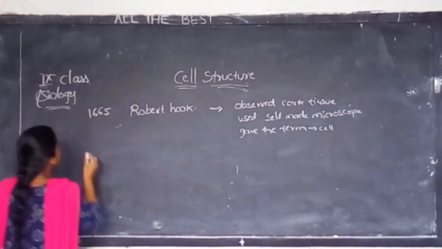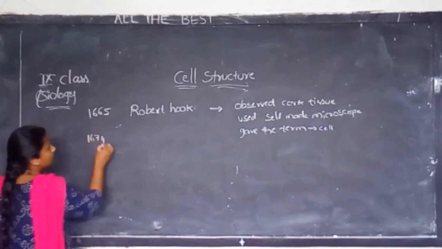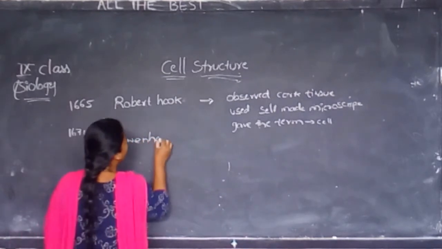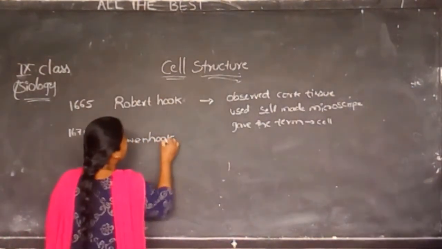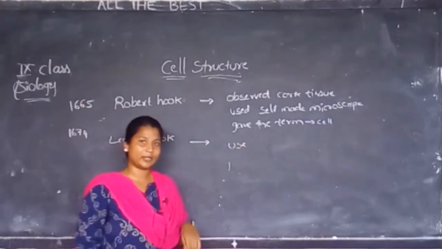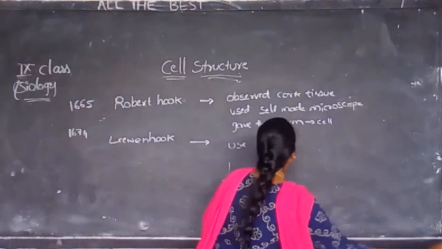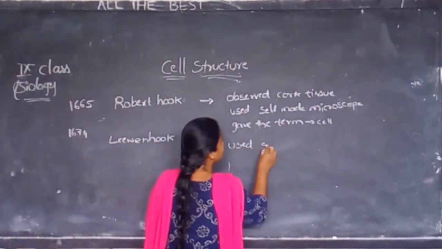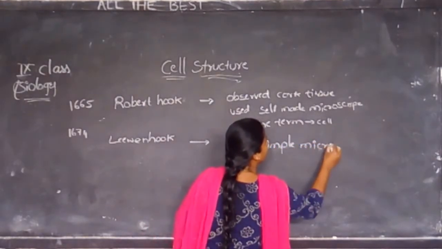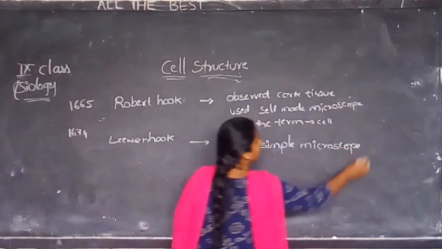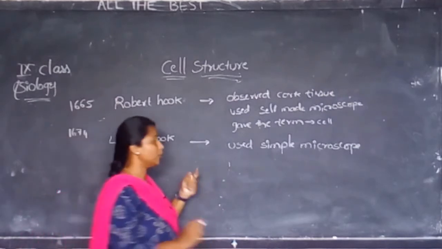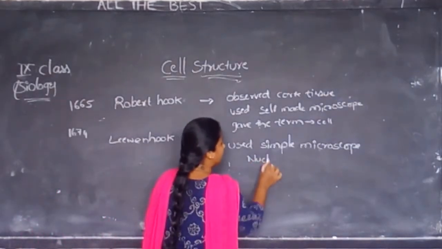The next one is 1674, Leeuwenhoek. He used a simple microscope. He observed unicellular organisms and nuclei.